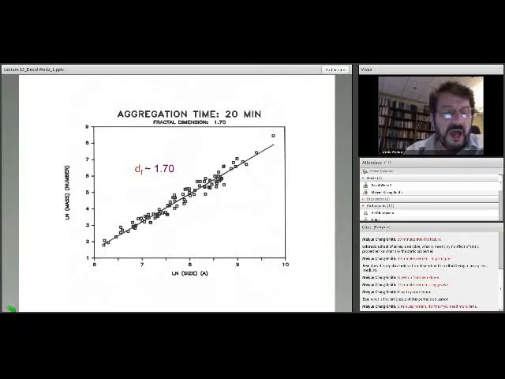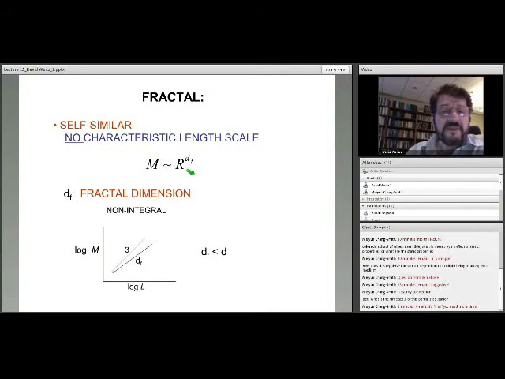You get a perfect straight line, a perfect log-log correlation. And if you get a straight line on a double log plot, that means you have a power law, and the slope gives you the exponent of the power law. So in this case, the mass scales as the size to some dimension. This dimension is 1.7.